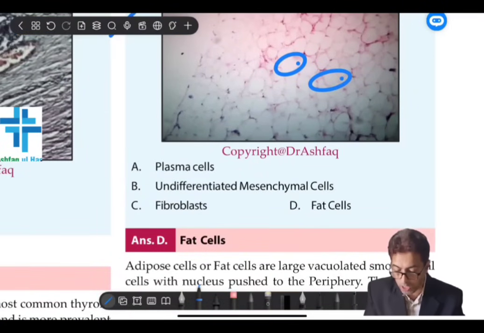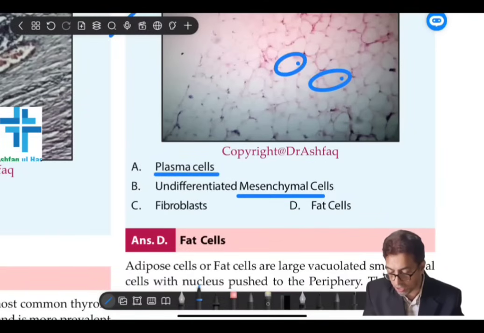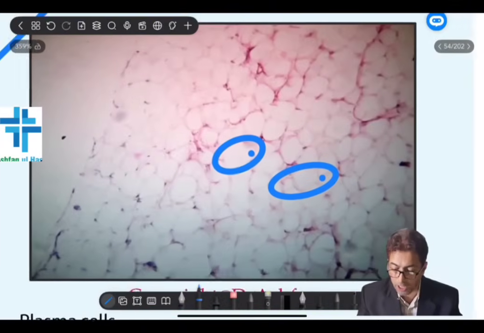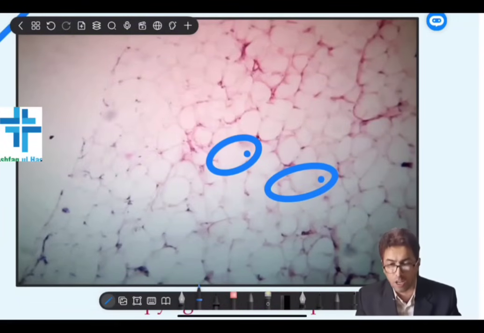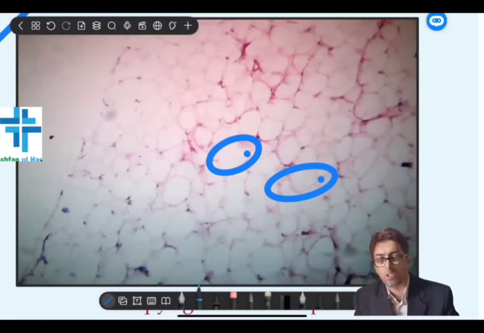So the options are the plasma cells, the undifferentiated mesenchymal cells, the fibroblasts, and the fat cells. Now, from the characteristic histopathological diagnosis, you know fat cells are stained by fat dissolving stains, and we have got typical stains.